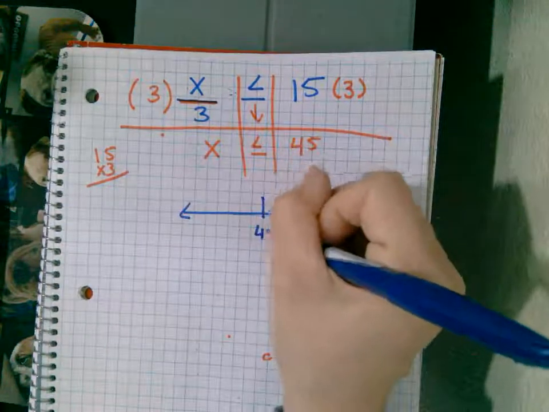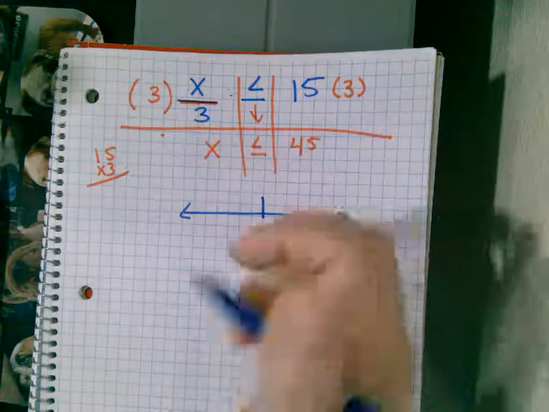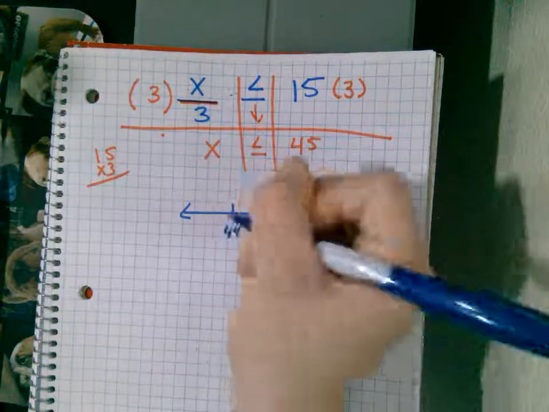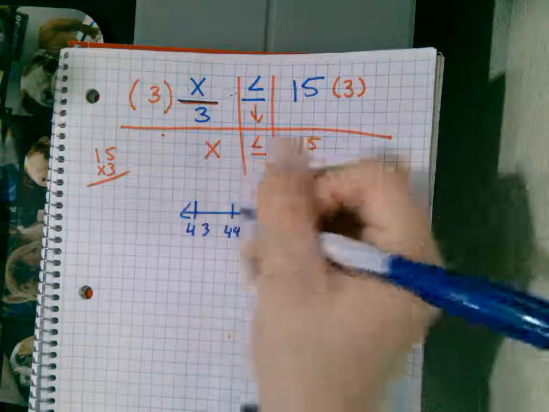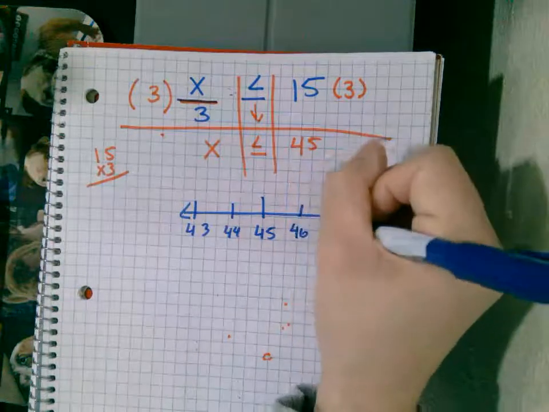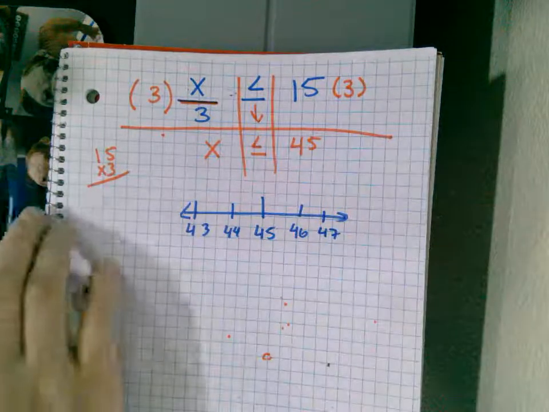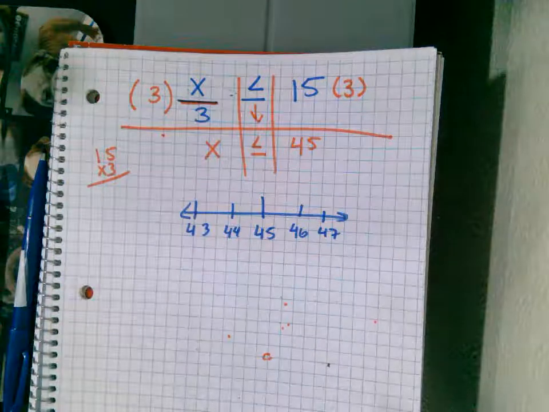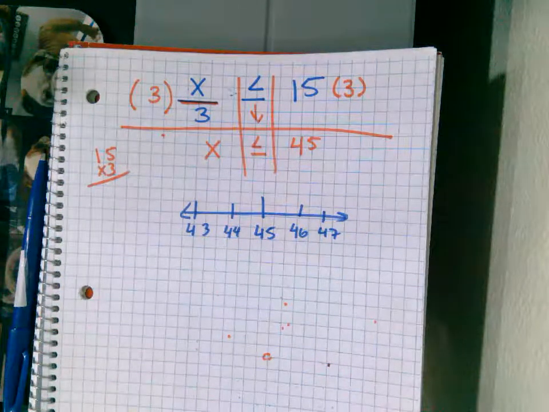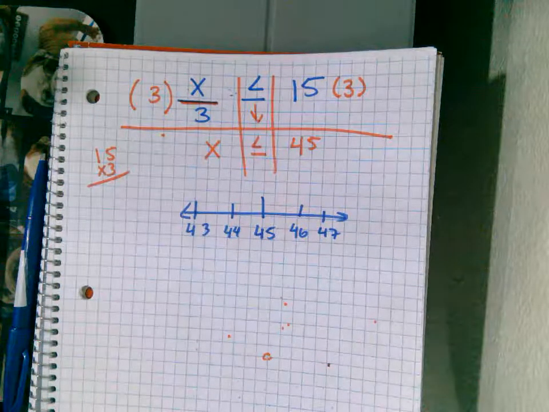Now the second part you do is you graph it. So 45 goes in the middle. Whatever number you get here goes right in the middle. 43, 44, 46, 47, right? 2 numbers below, 2 numbers above. I'm not asking for more. Some of you are giving me the longest number lines in the world.